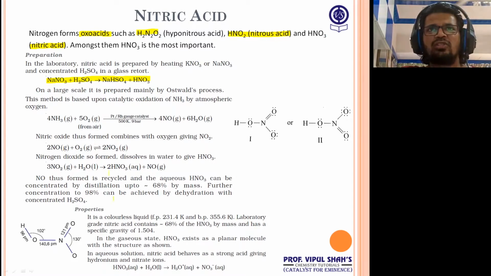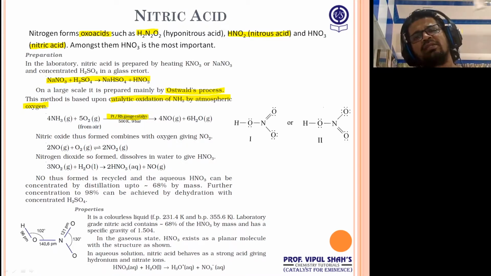Now Ostwald's process, that's an important one. What does it say in Ostwald's process? It's prepared by atmospheric oxidation, catalytic oxidation of ammonia by atmospheric oxygen. Here, it's ammonia with oxygen in the presence of platinum or rhodium gauge catalyst, at a temperature of 500 Kelvin and a pressure of around 9 bar.